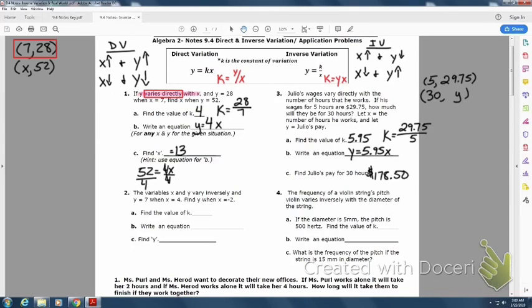It should read just the way that reads. Y varies directly with x, even if it's words. Y varies directly with x.